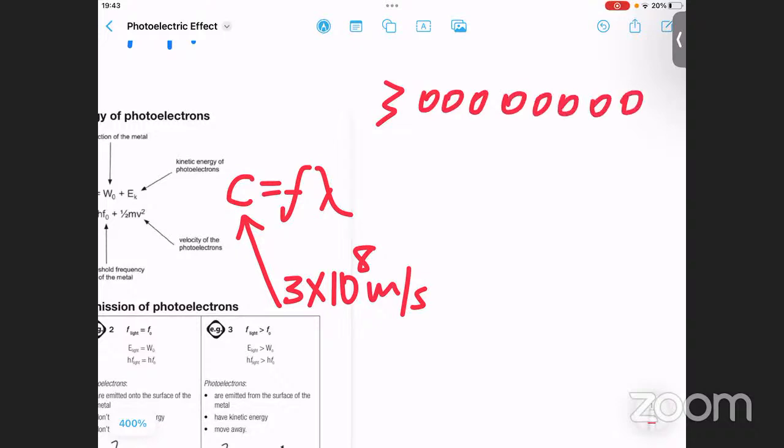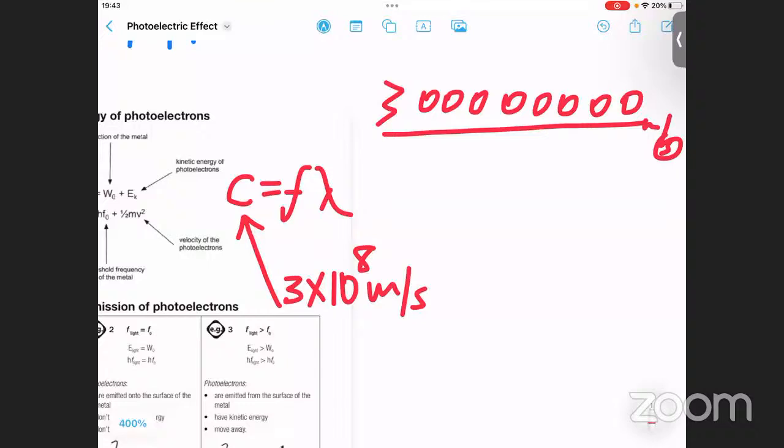I think, yeah, something of that nature. Let's see, 1, 2, 3, 4, 5, 6, 7, 8. Yes, meters per second. That's how fast light can go. So it means in 1 second, it can travel that distance in meters.